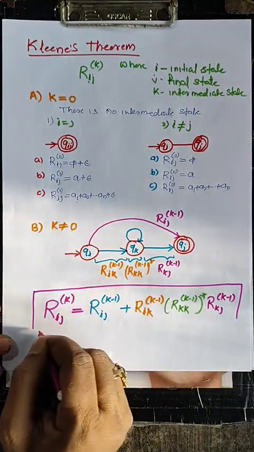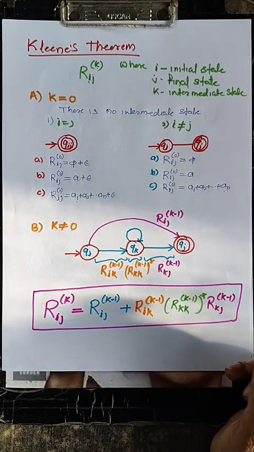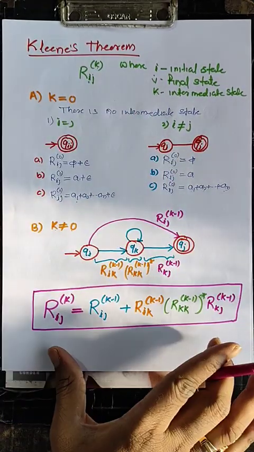Using this formula, you can convert from finite automata into regular expression. In Kleene's theorem, we have to prove this formula.